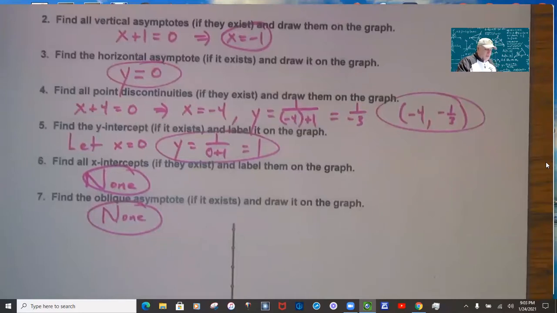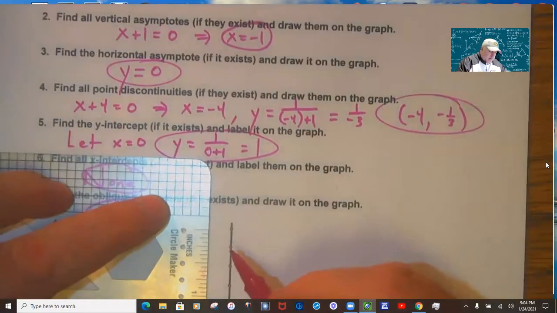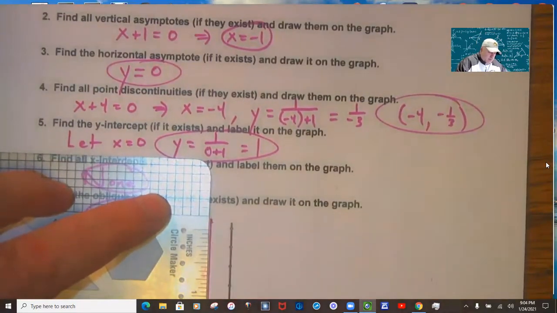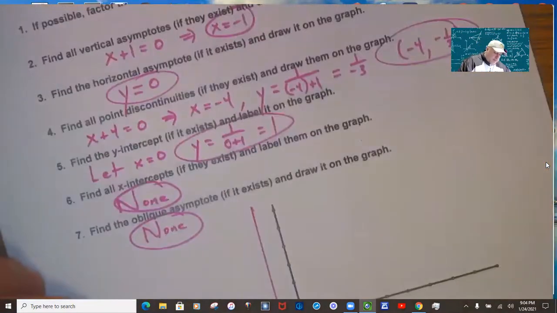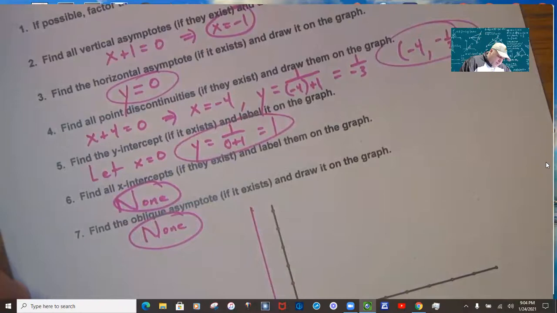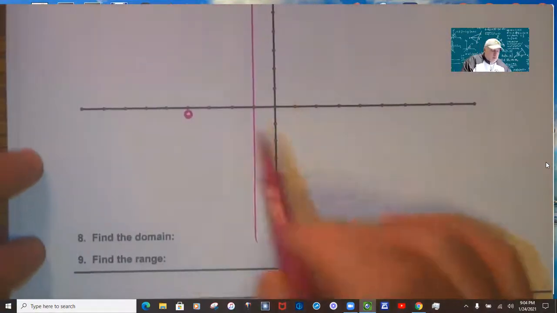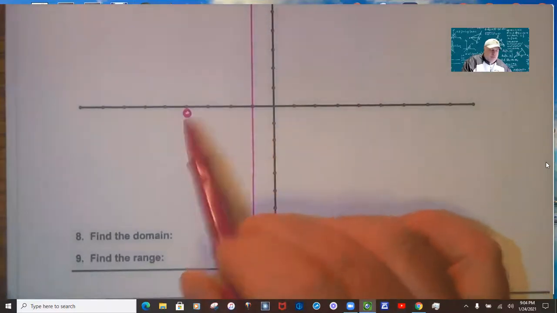Okay, so what does the graph look like? And I advise that you take a little peek on the calculator. So here's -1, and you want to put in 3, 4, -1/3, just where the hole exists.